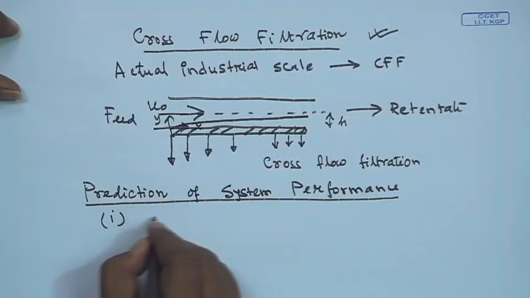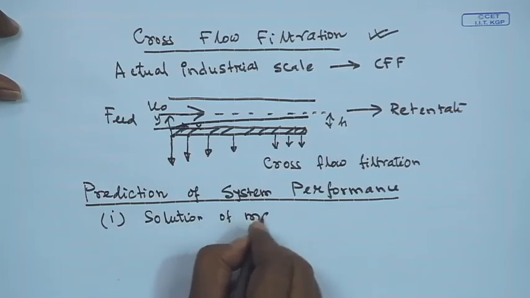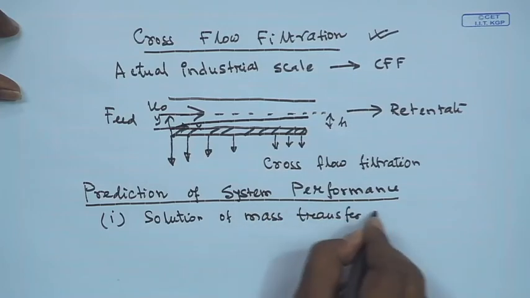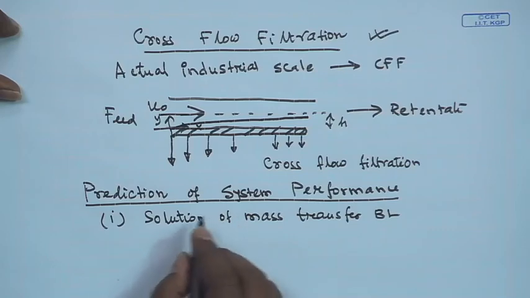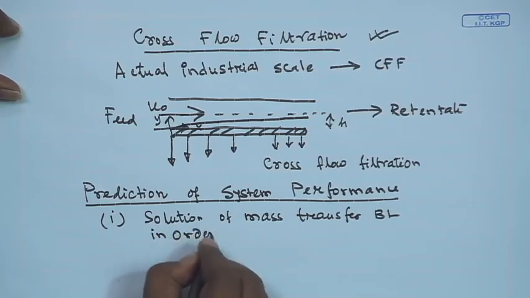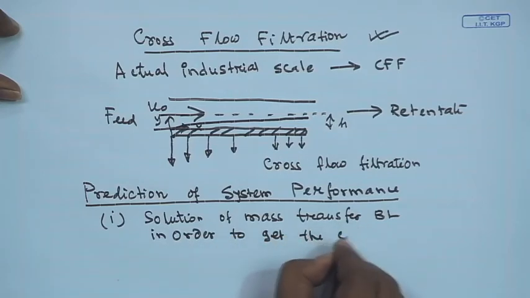As we have discussed, there are two aspects in the modeling of this. One is the solution of the mass transfer boundary layer in order to get the concentration profile.